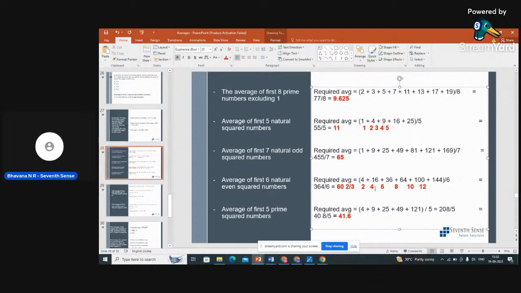So 1, 2, 3, 4, 5, 6. So 2 squared is 4 and 4 squared is 16. 6 squared is 36. 8 squared is 64. Then 10 squared is 100 and 12 squared is 144. That whole divided by 6 is equal to 60. So the answer is 60.